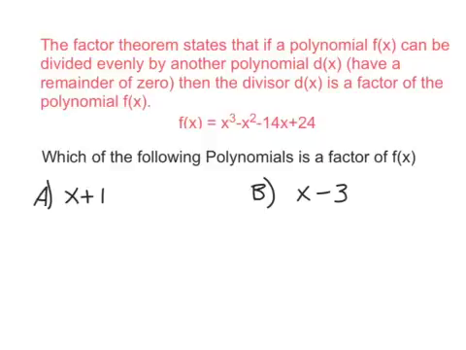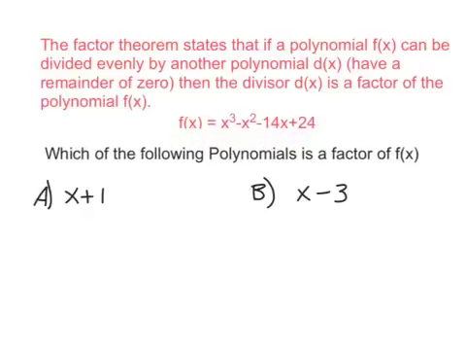So you can use synthetic division if you prefer. I'm going to go ahead and use long division for this one because I just feel like you should be practicing both of those. So let me see here.